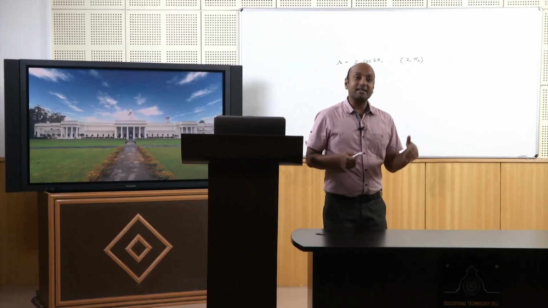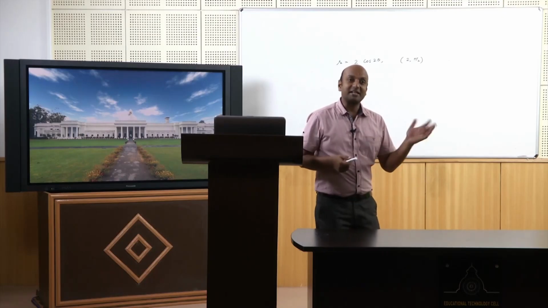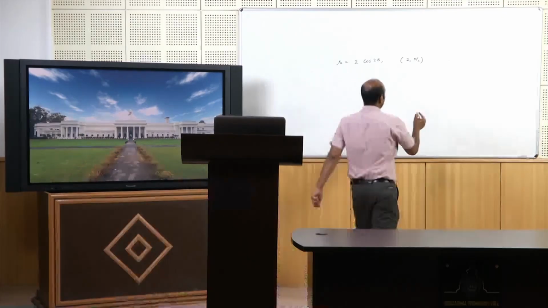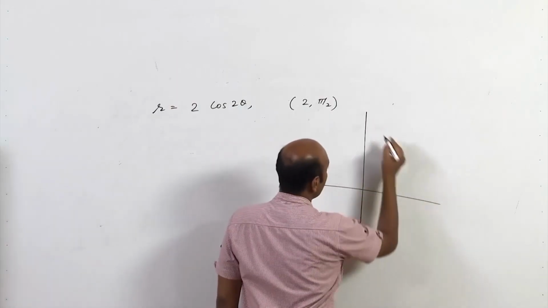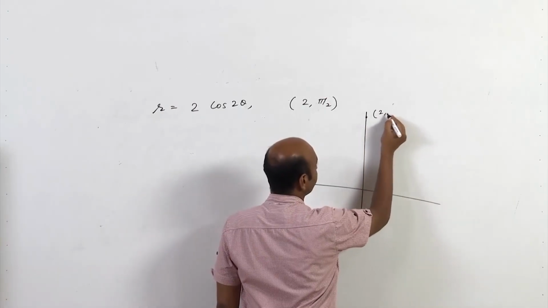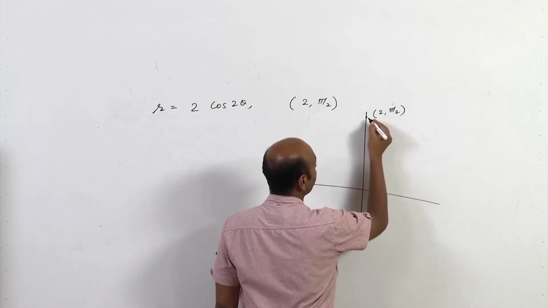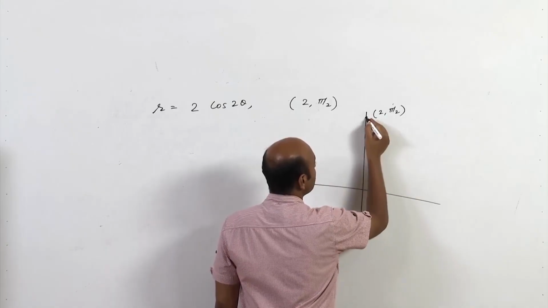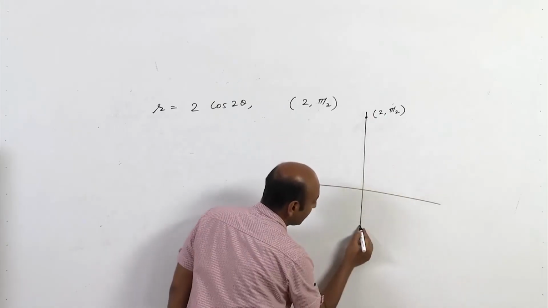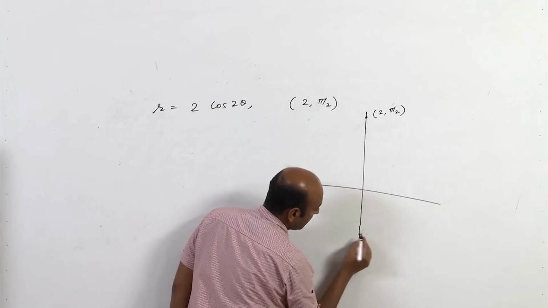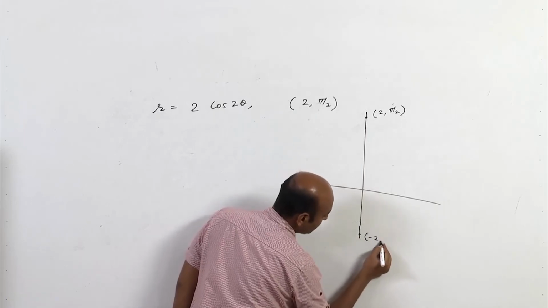However, its another representation is satisfying this curve. You see, you have a point (2, pi by 2). Okay, this point. The representation of this point on this side is (minus 2, pi by 2).